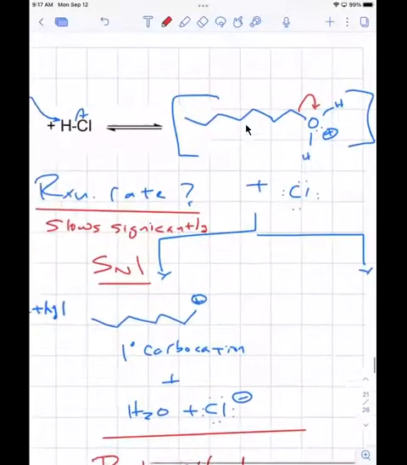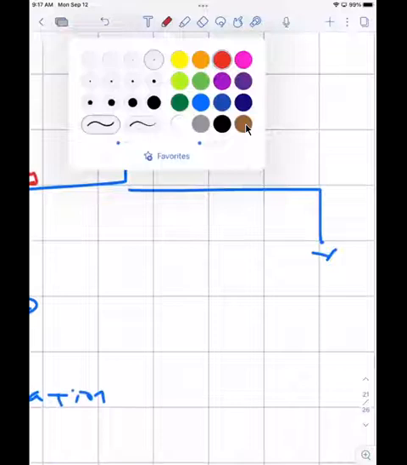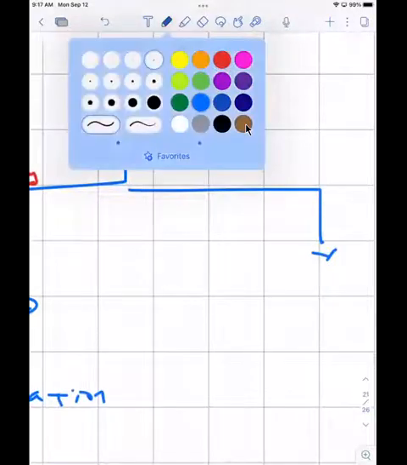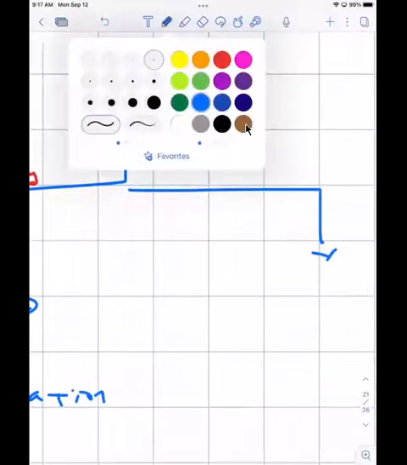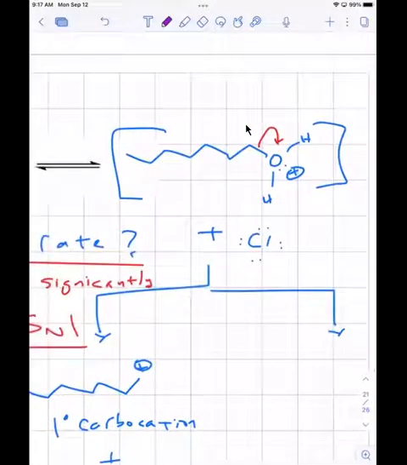Right now, there is an alternate pathway that may open up or that may happen. And that is what? What do you think? What's the other substitution method that could happen? We have one method where the leaving group leaves first and makes a carbocation. What's the other method?